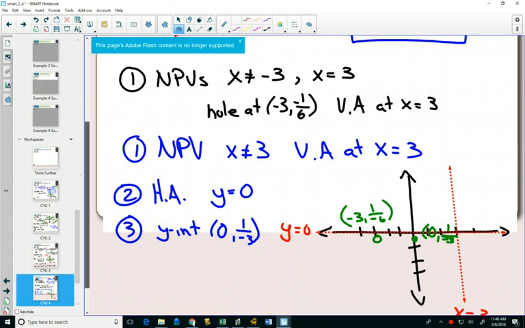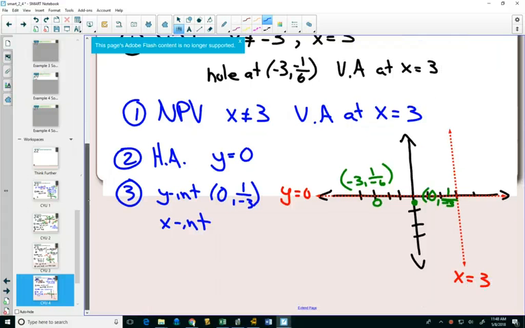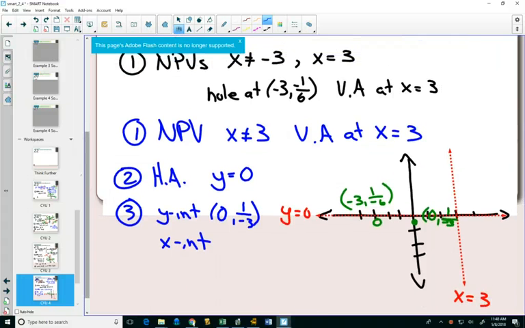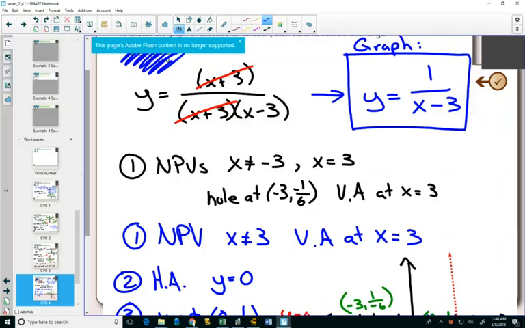To find our x-intercepts, we look at our blue graph, and we plug in 0 for y. And again, a fraction's only equal to 0 when the numerator is equal to 0. So when is 1 equal to 0?